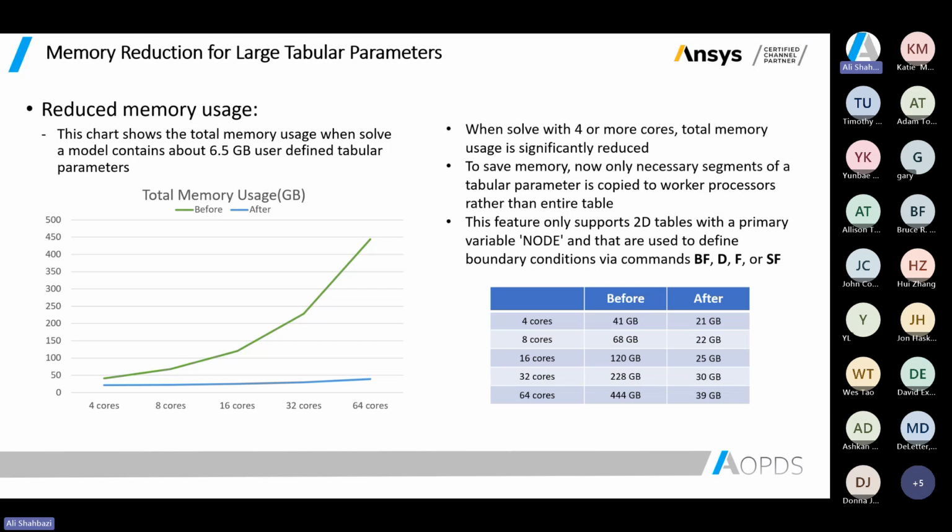And this chart shows the total memory usage when solving a model containing about 6.5 gigabytes of user-defined tabular parameters. So the more you have parameters in your models right now, the faster. Actually, that's not, I didn't phrase it well. If you have a lot of parameters in your model, it is expected your models will run much faster.